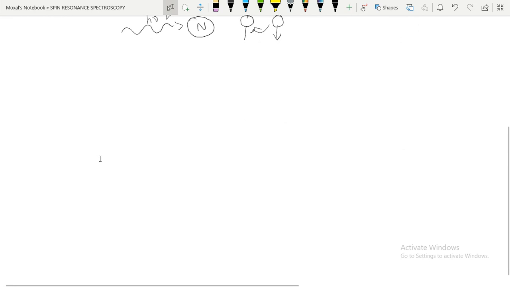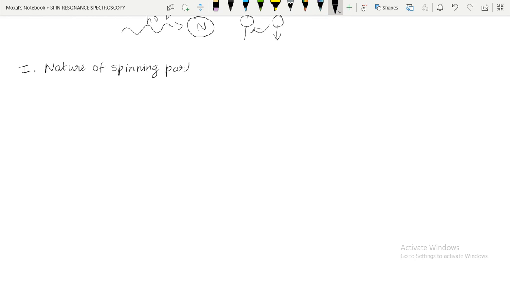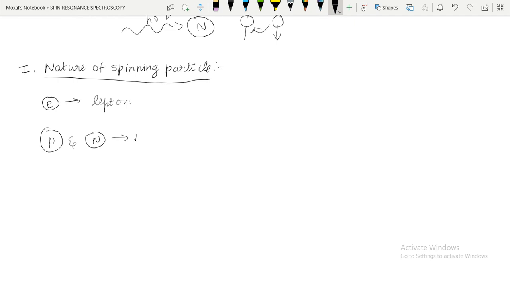So now let's study the nature of spinning particles. Topic 1: nature of spinning particle. Okay, so electrons belong to the class of leptons, and protons and neutrons belong to the family of baryons.